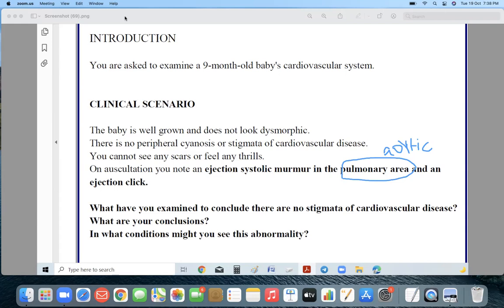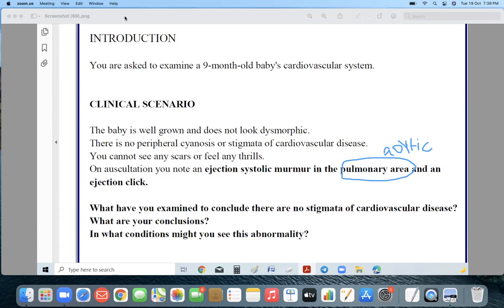A non-heaving apex usually comes in aortic regurgitation, if they ask you. A forceful apex but not sustained comes in mitral stenosis, I think; I will have to check. So here you will check the apex, which can be forceful, sustained, heaving.